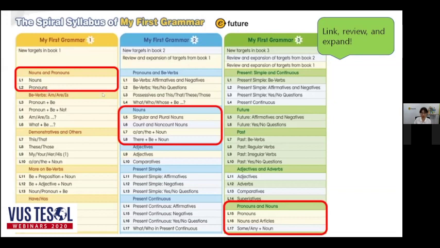So here, nouns, pronouns, and if you look here, singular and plural nouns, count and non-count nouns, a/an plus noun, there be plus noun. So it's reviewed and expanded. If you look at this one, we have pronouns and nouns again, right? So you do pronouns, nouns and articles, some, any plus noun. So you can see that there is a review, link, and expansion.